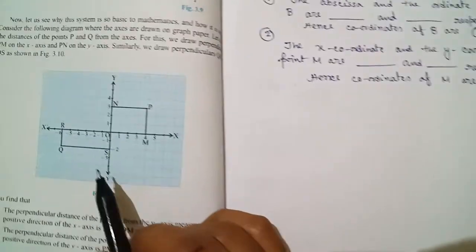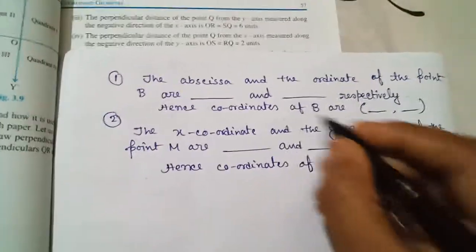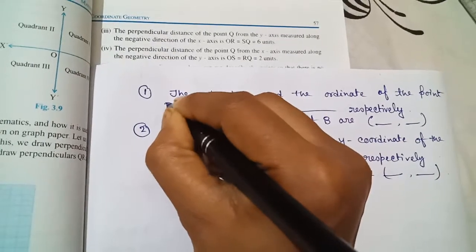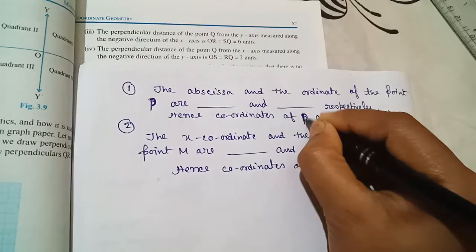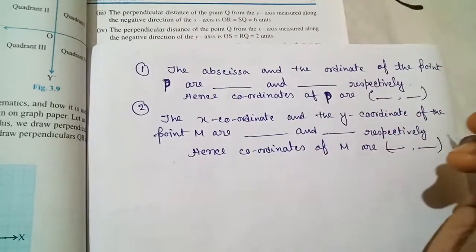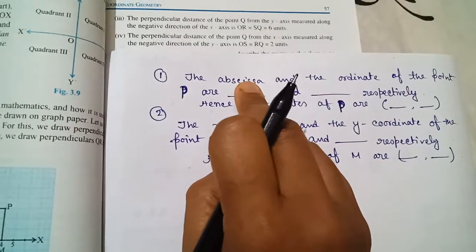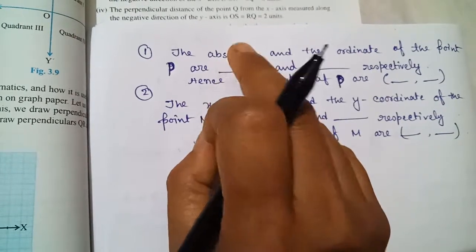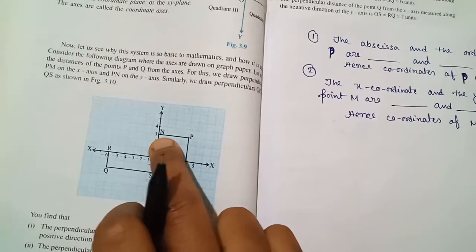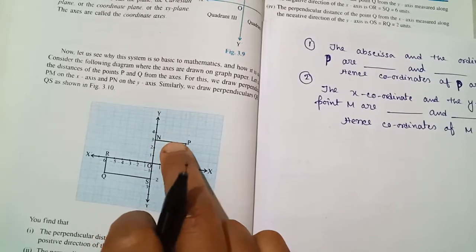So what I told, you have to find point P. Sorry, it will be P, not B. So abscissa means x coordinate. X coordinate means distance from the y-axis. So we will measure the distance from the y-axis for P: 1, 2, 3, 4.